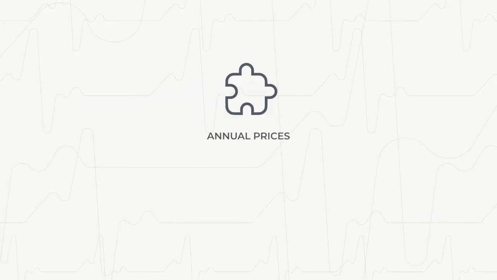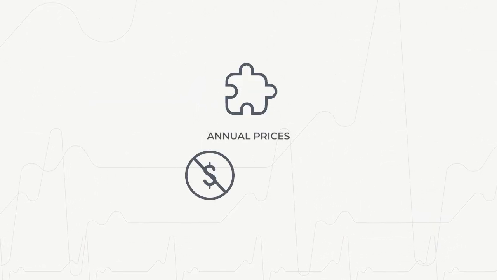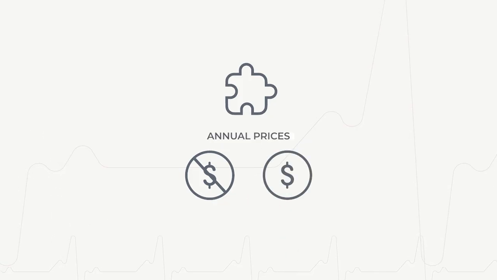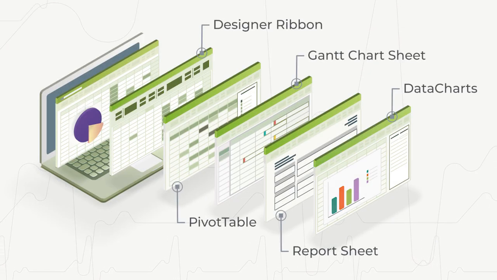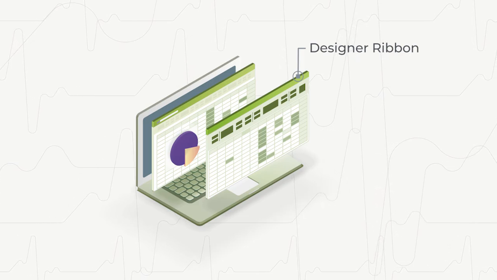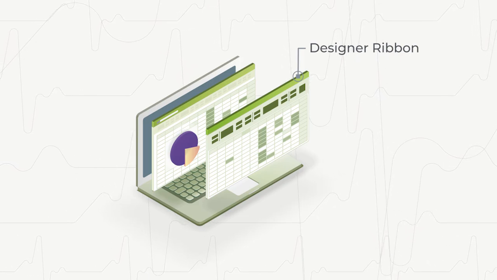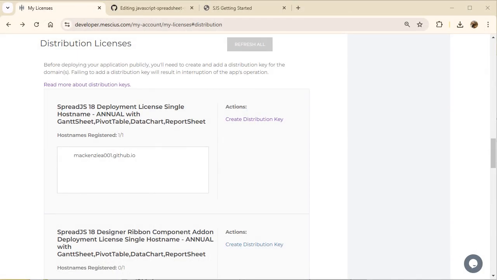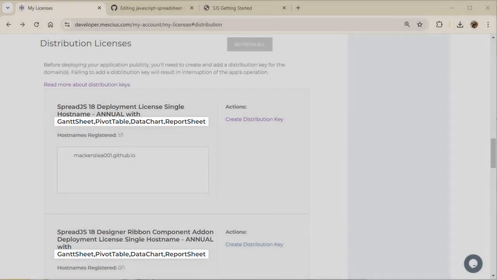The annual pricing varies based on internal, non-commercial, or commercial use. The Designer Ribbon component is the only add-on that has its own separate distribution license key. The licensing for the other optional add-ons is enabled through the deployment license for both SpreadJS and the Designer component.